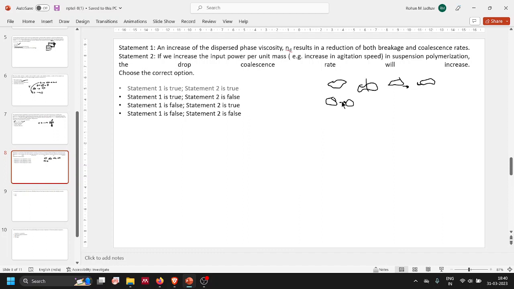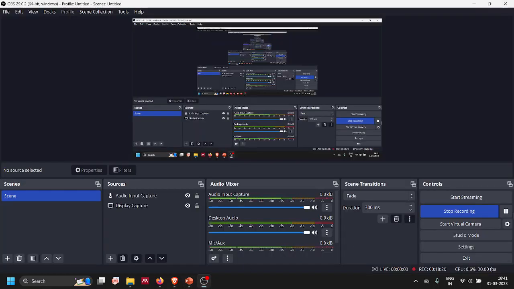You're reducing any space between them since the agitation speed is high enough, and the input power per unit mass which you're providing is also very high. Because of that, the droplets will come together, and the agitation process will provide a higher coalescence rate in the suspension polymerization process.